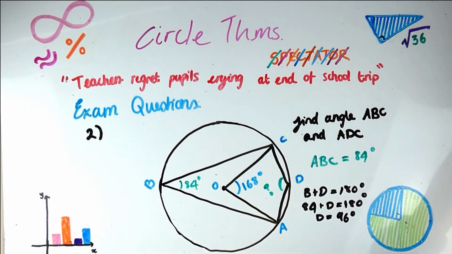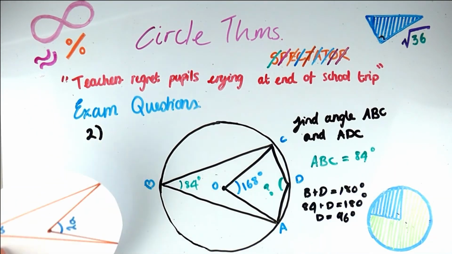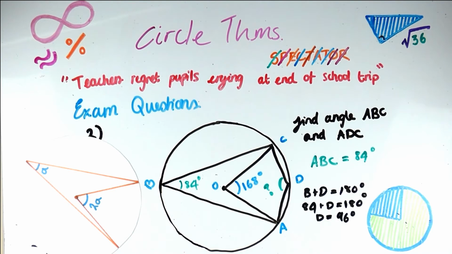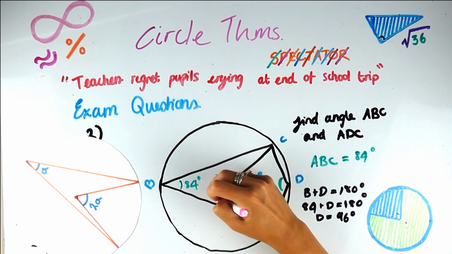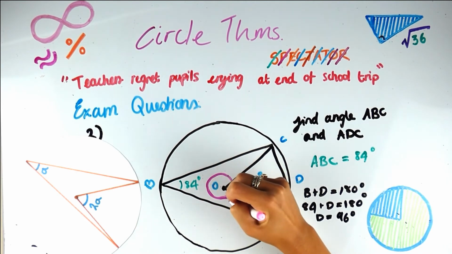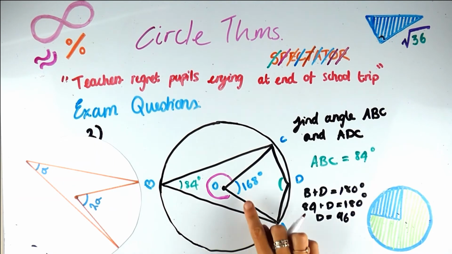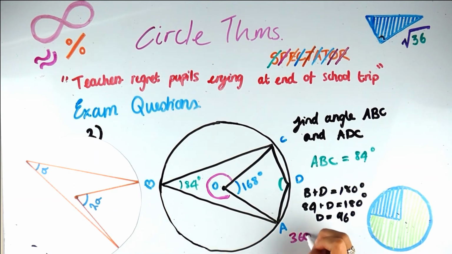The other approach would be using the angle at the centre rule like before, but this is the angle we're looking for, so the angle at the centre would be this one this time. We can work out this angle by doing 360 minus 168, which is 192 degrees.